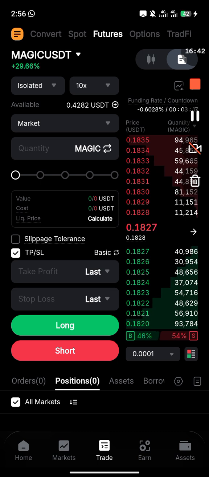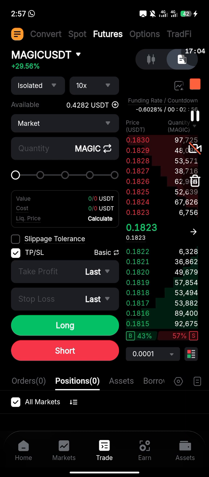Imagine I use $100 to buy MAGIC, I'll have made $300 extra if I use 10x. If I use 20x, I'll have made 20 times 30, I'll have made 600% of what I'm using to buy MAGIC. That's the advantage of futures. You see, it gives you leverage.